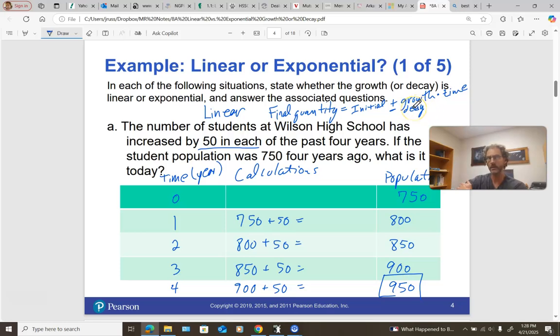Like if it's decreasing by 50 per year, then it would be 50 times the number of years. So this is an equation right here that'll work for both linear growth and decay.